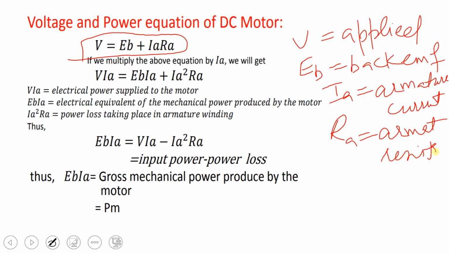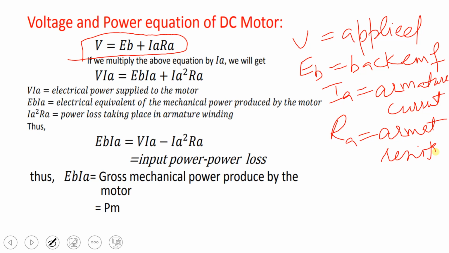So the voltage of a DC motor is given by V equals EB, the back EMF, plus IA RA. That is the back EMF plus the voltage drop across the armature.